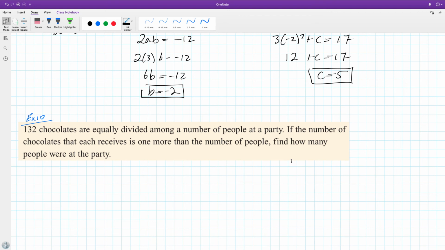First things first, we're firing down the question, we want to make notes. Let's make little notes on it.